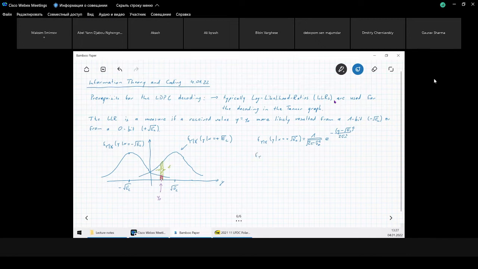fy given x, with y given x being minus square root EC, well, it's just the same with a different mean value. 1 over square root 2 pi sigma n square times e to the power of minus y plus square root EC, squared, divided by 2 sigma n square.